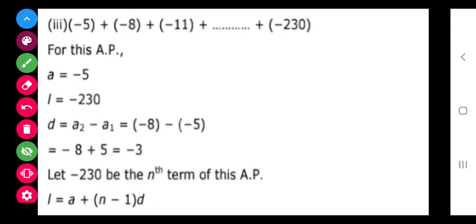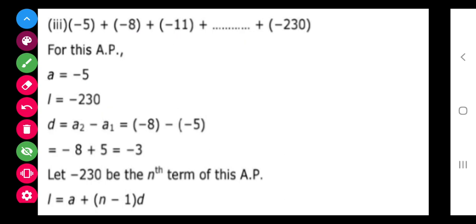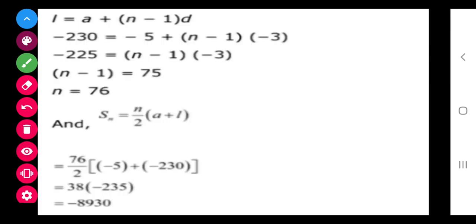Now class, the next question is again of the same kind, the next part. See this, a is clearly -5, last term, that is an is this much, d we can find out this minus this, again they have used the bracket, see the use of bracket, and finally they have implemented the an formula, that is a plus (n minus 1) d, the previous exercise formula.